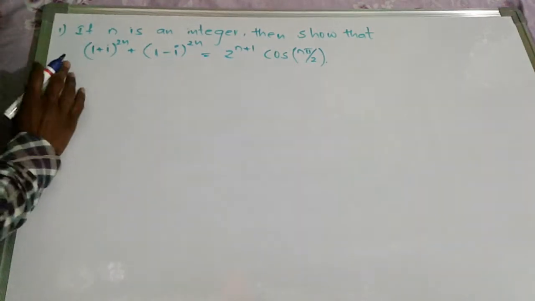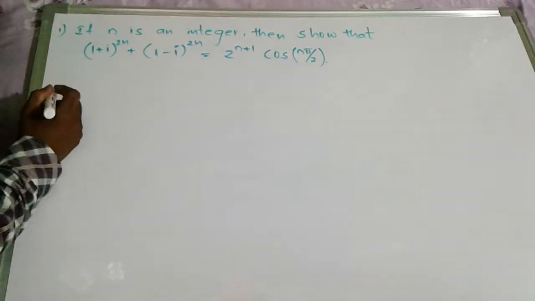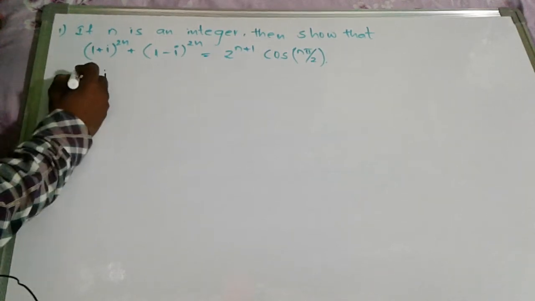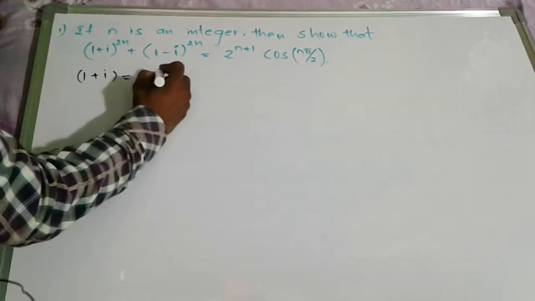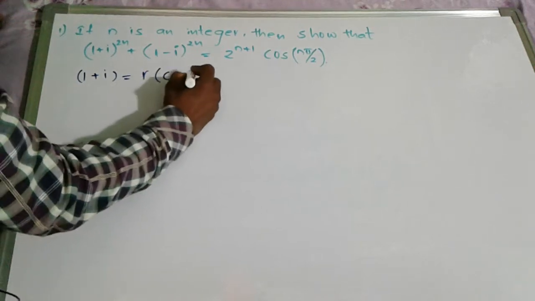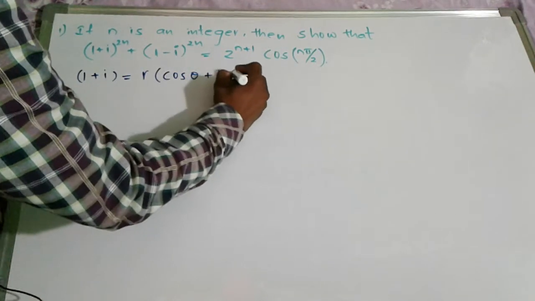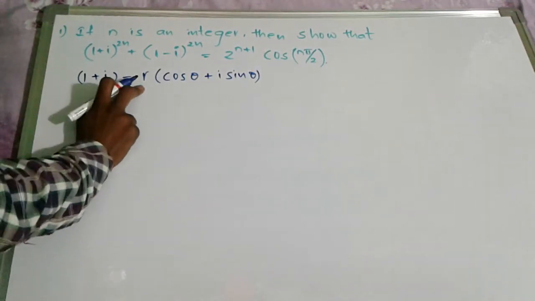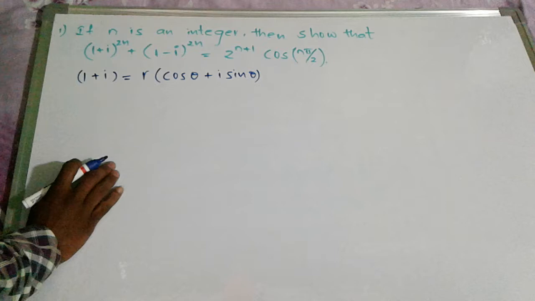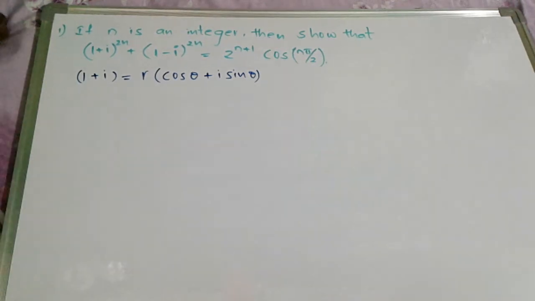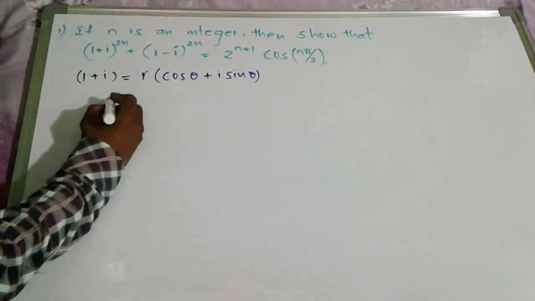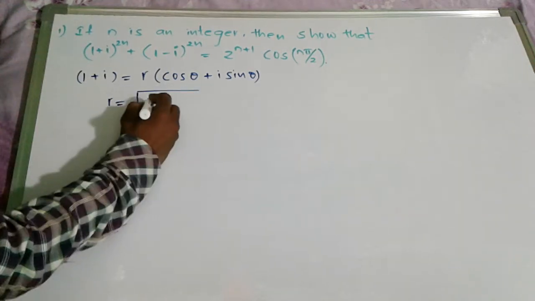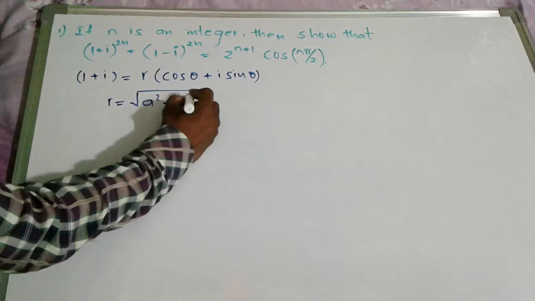In order to find the polar form of 1 plus i, we have a formula. That is 1 plus i equals r of cos theta plus i sin theta. To find r and theta we have formulas, and let's see them. r is equal to under root a square plus b square.